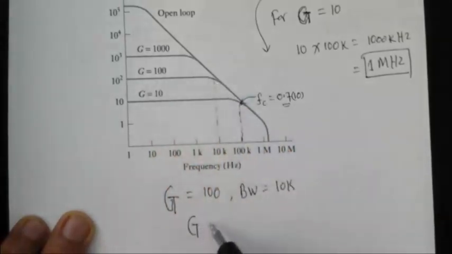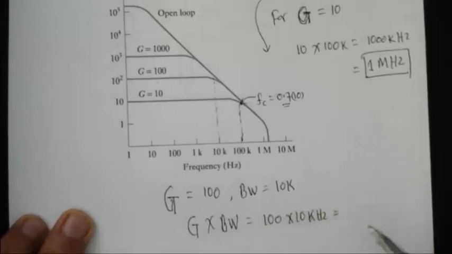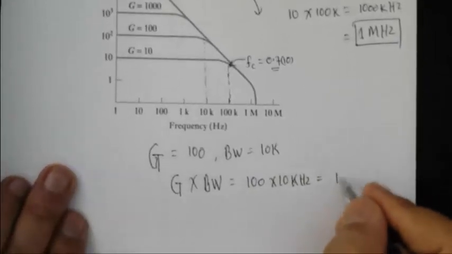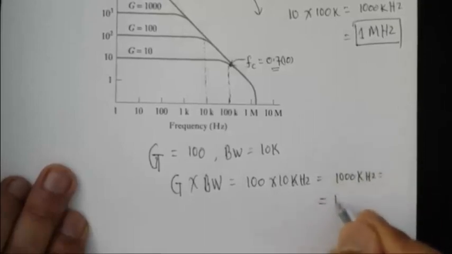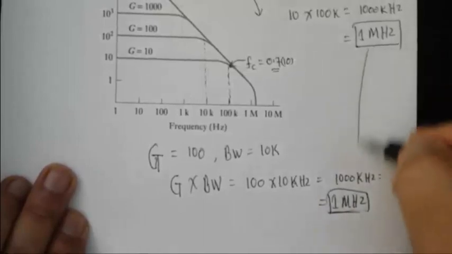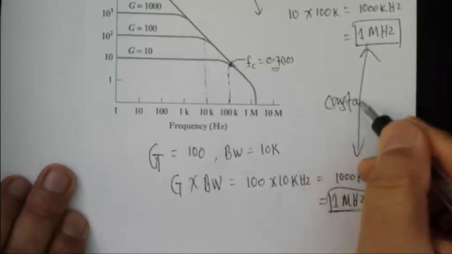So gain times bandwidth is 100 times 10 kilohertz, which is about 1000 kilohertz, just 1 megahertz. And you can clearly see this remains fairly constant.